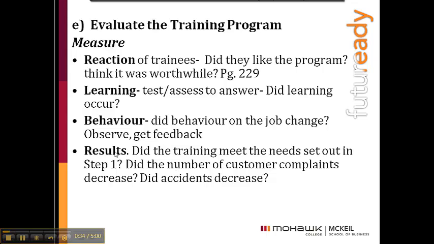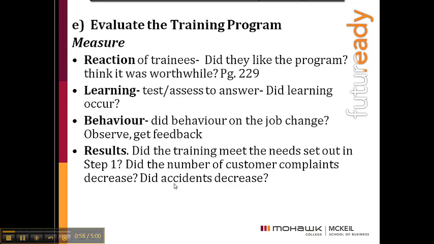Once our sales reps are trained, we want to make sure that we can gather some data on how they're performing to see if the problem that the training was set up to solve is actually cured, right? So, for example, did the number of customer complaints decrease? We've been talking about sales rep training, but it could even be health and safety training.